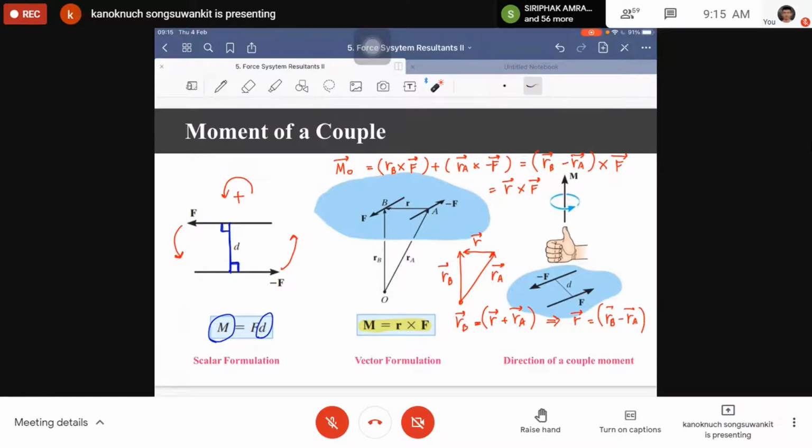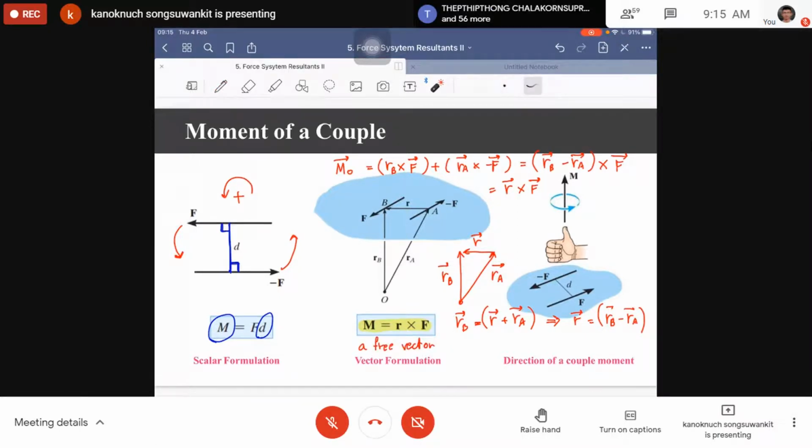So why do I have to prove this equation to you? Because I want you to observe that the couple moment produced from both forces, F and minus F, depends on the position vector R, that is the distance between these two forces, but it's not related to point O anymore. It means that the couple moment of this force becomes a free vector.